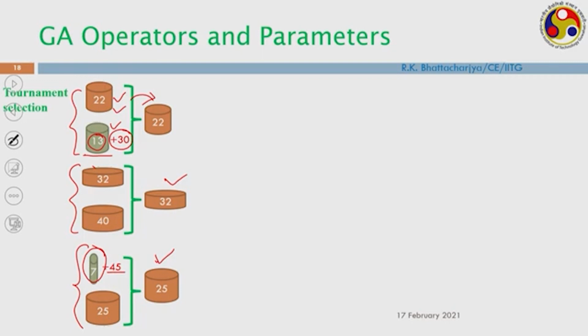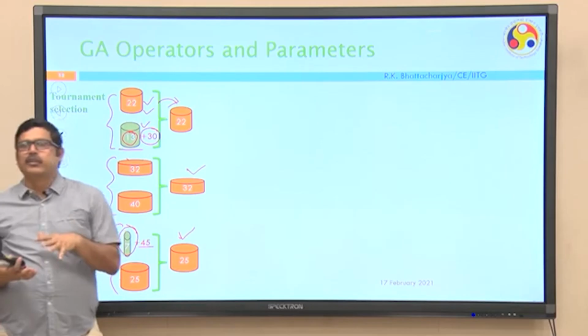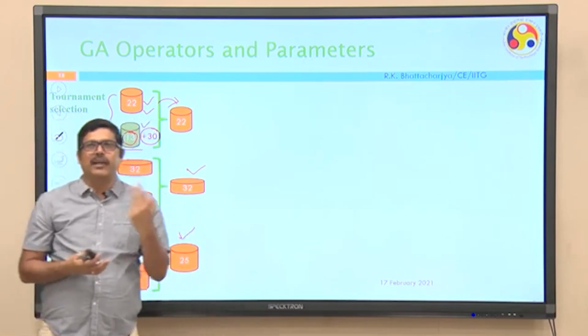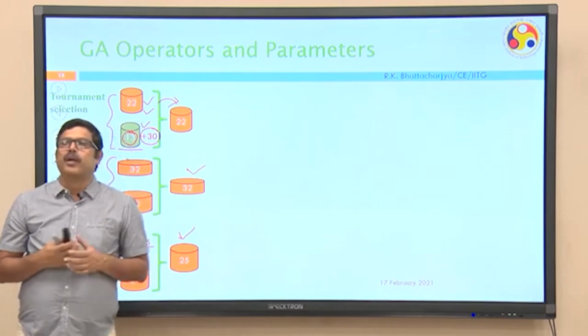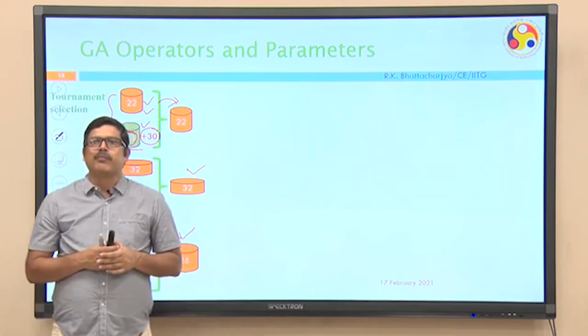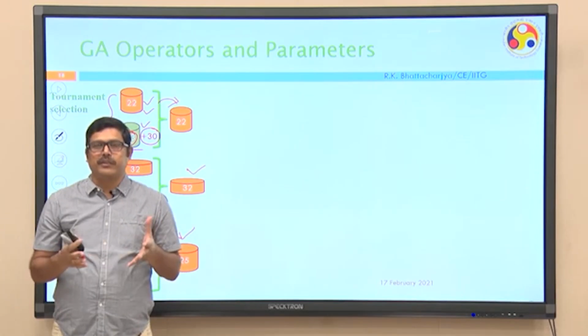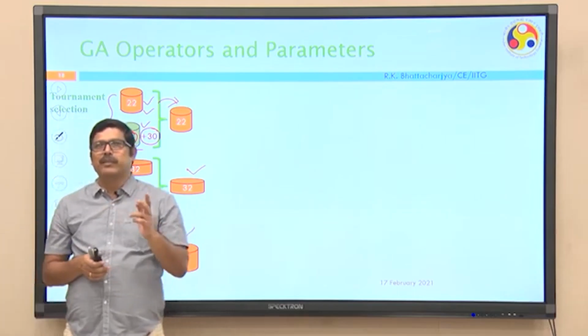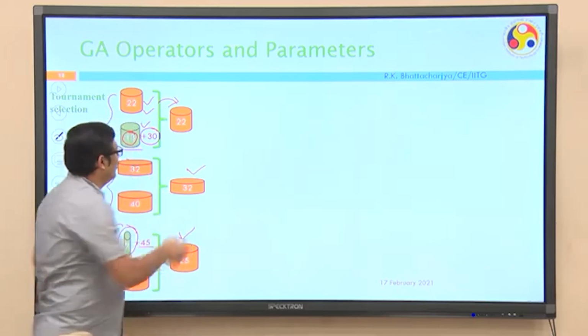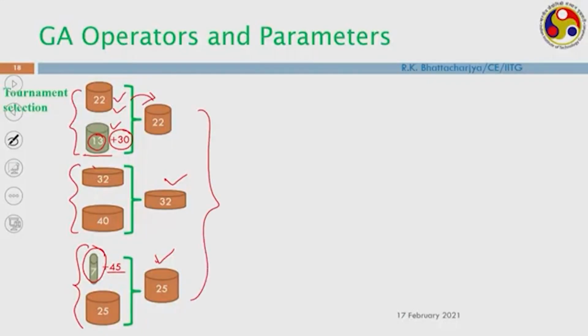Now, we have a total of 6 solutions, and if I select 2 individuals for a tournament, that means my tournament size is 2. In that case, I can play 3 tournaments, is it not, because my total is 6 solutions. 3 tournaments means 3 winners, and these 3 winners will go to the next generation.